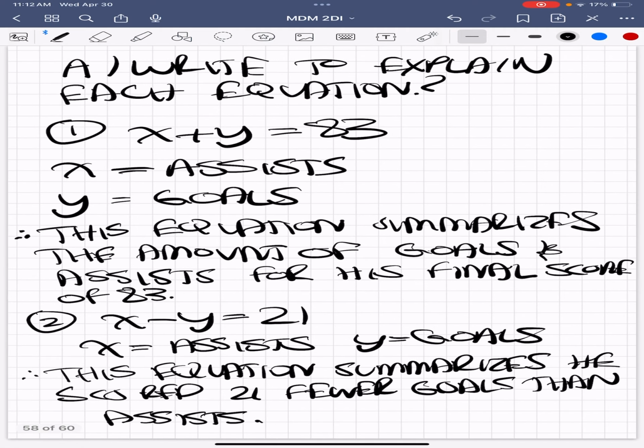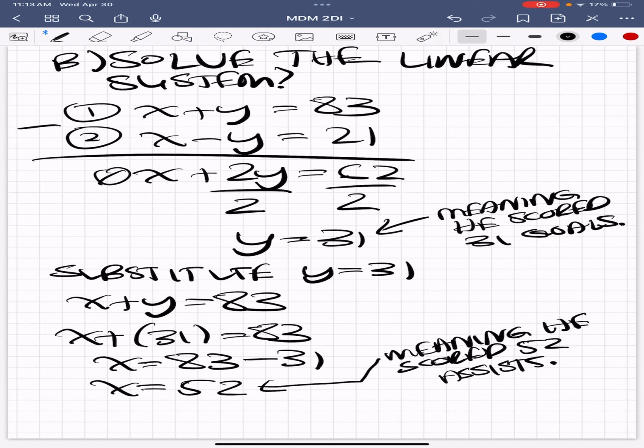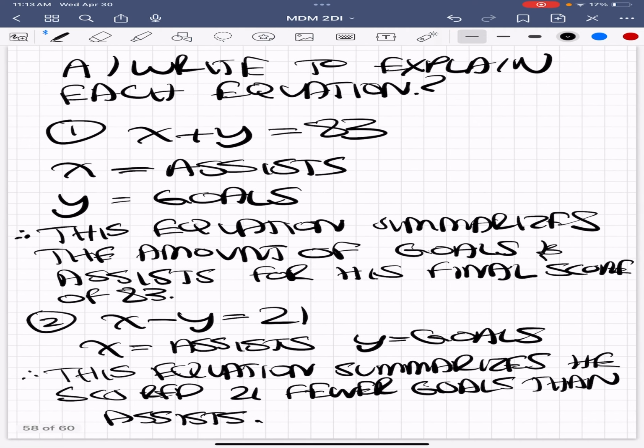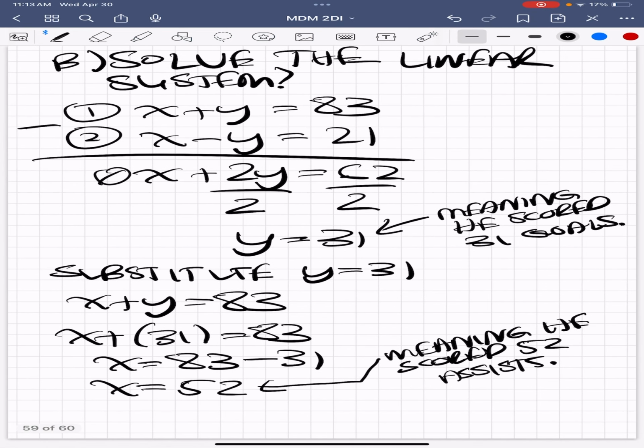As we figured out in part A, x is our assists and y is our goals, meaning he scored 31 goals and 52 assists.